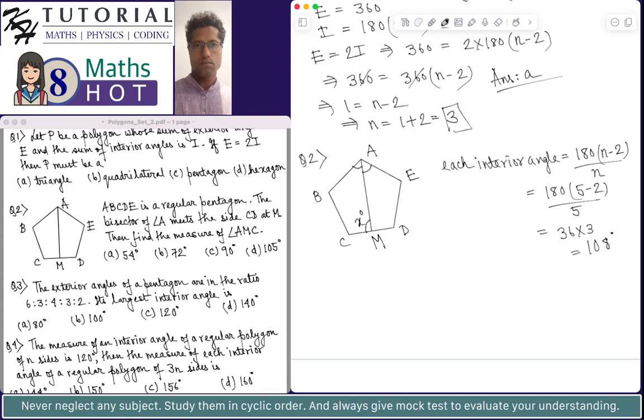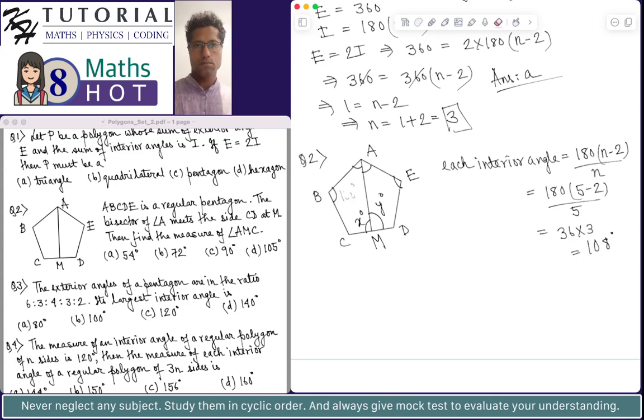So I am assuming that the angle AMC is x degree, and let's say this angle is y degree, and this angle we know is an interior angle of the polygon, so it will be 108 degree. Also this angle is an interior angle of the polygon, 108 degree.